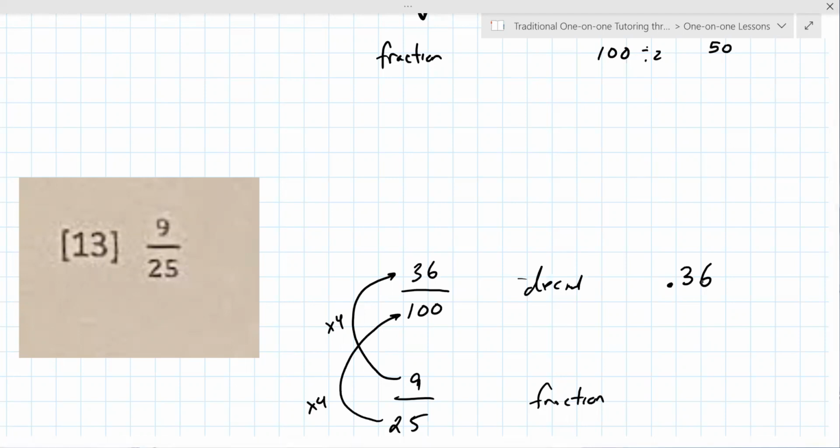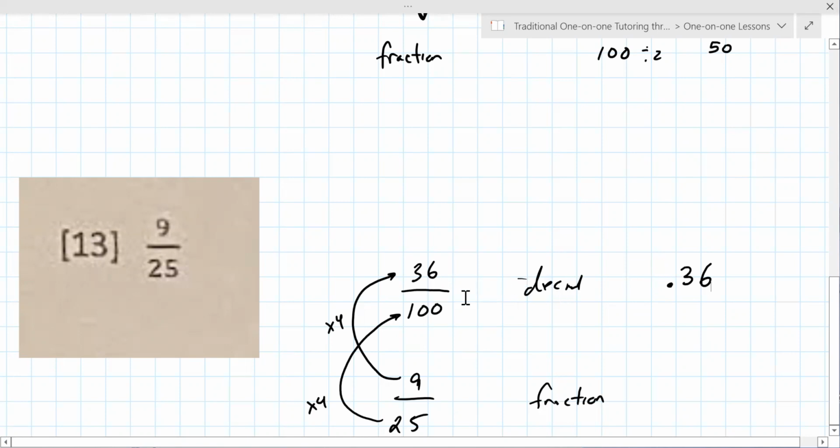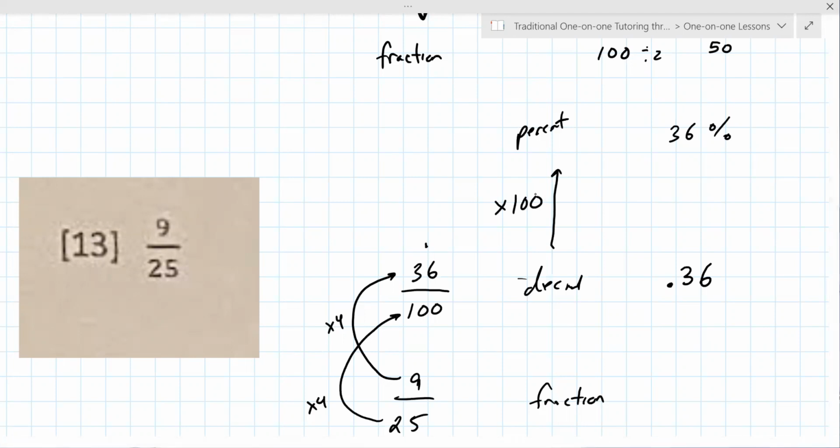Based on your response, that probably isn't very clear, is it? If it's unclear, I can give some more explanation, but it's just like you did in the previous problem. And then to go to a percent, you already told me, it's 36% because you multiply by 100. Okay, that makes sense.